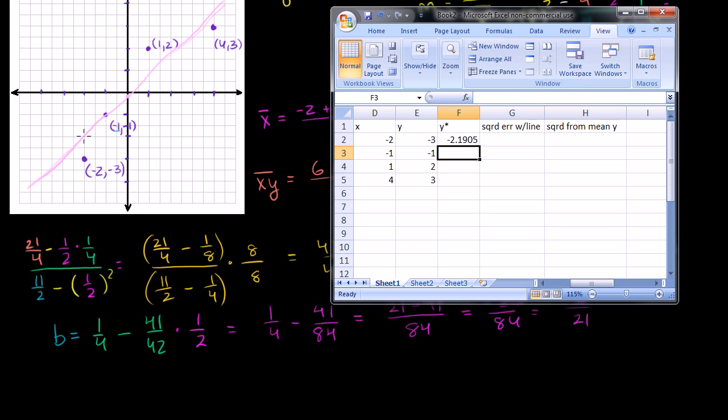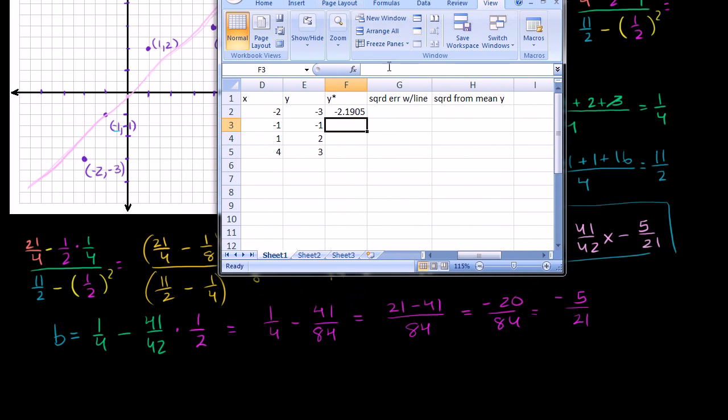That tells us that this point right over here is -2.19. So when we figure out the error, we're going to figure out the distance between -3, that's our y value over here, and -2.19.